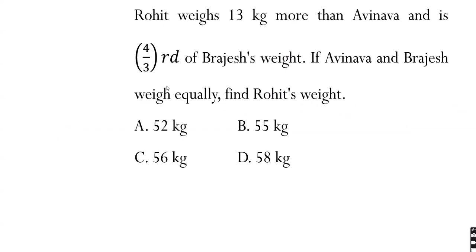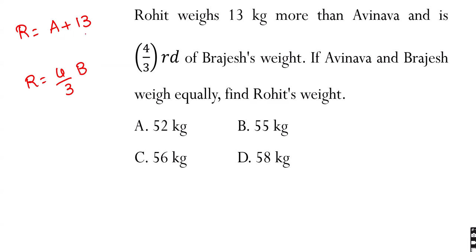Here, Rohit weighs 13 kg more than Avinav and is four thirds of Brajesh. So there are three people: Avinav, Rohit and Brajesh. Rohit is 13 kg more than Avinav, and Rohit is four thirds of Brajesh, and they have clearly given that B and A are both equal.